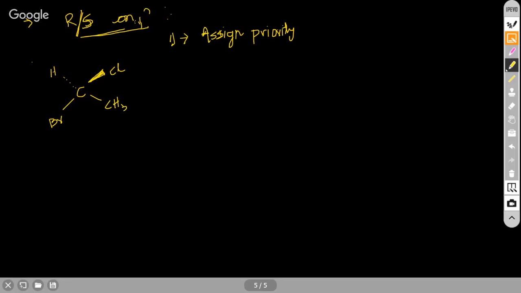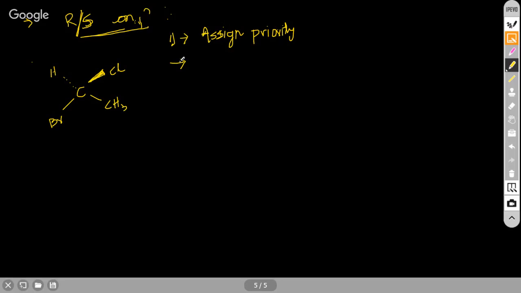Now the condition, write it down. In wedge-dash representation, the least priority group must be into the plane.